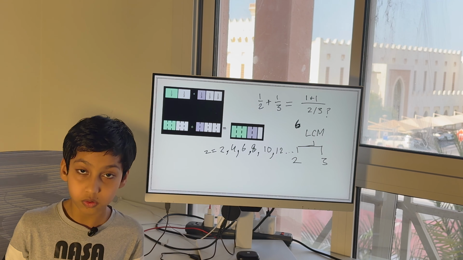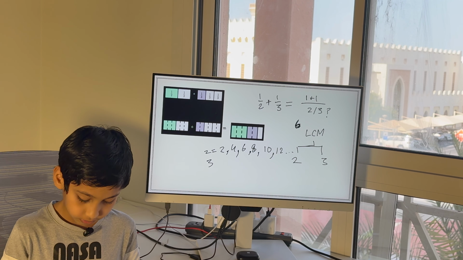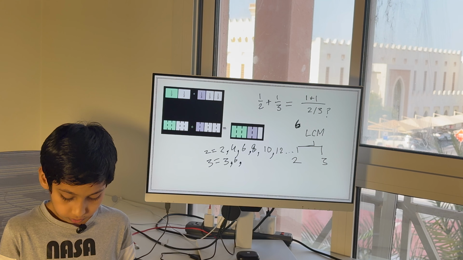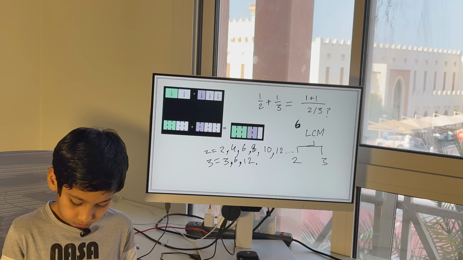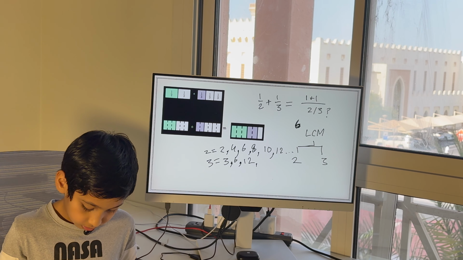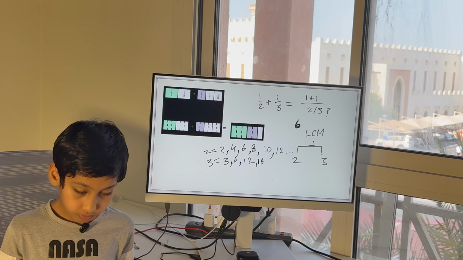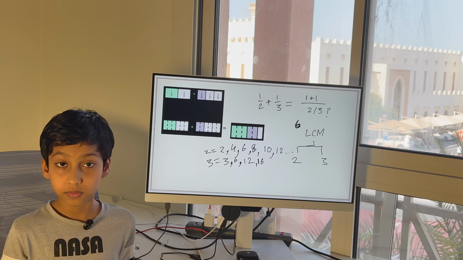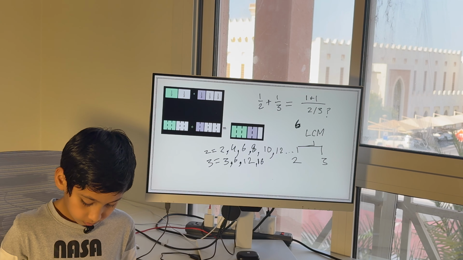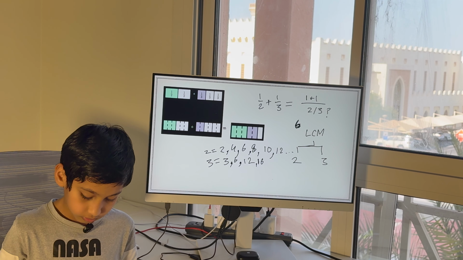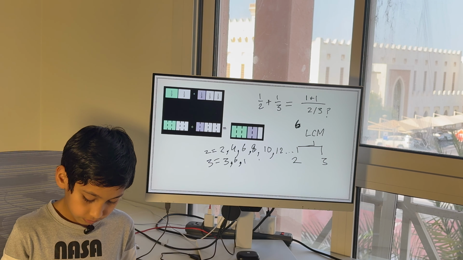We'd write more if we need to later. Then the multiples of 3 include 3, 6, 12, then 15, and so on.